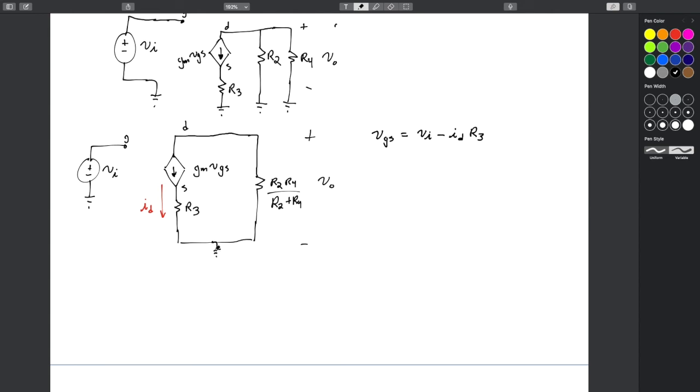But we know ID is this, so we could say VGS equals VI minus GM, and GM was based off of the bias point values, times VGS R3. So we could shift this over and we get VGS times (1 plus GM R3). So little VGS equals VI over 1 plus GM R3.